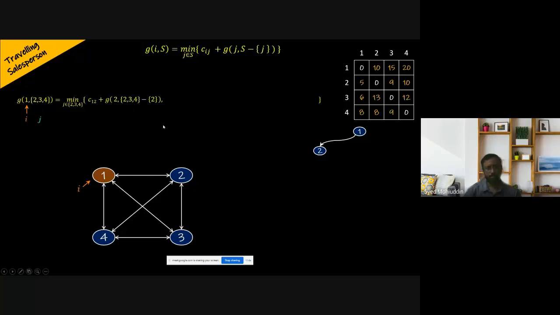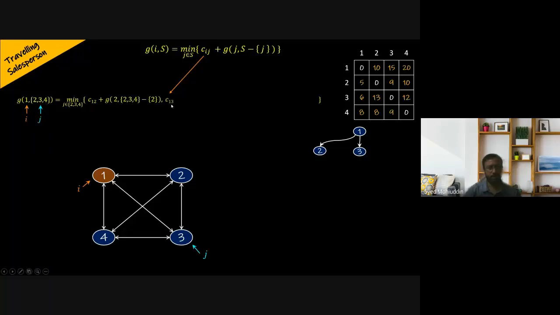Now that is one thing. Then 3 is also adjacent to vertex 1, so j will now become 3. Here you can find j is vertex 3. We have to find the minimum between these j vertices.